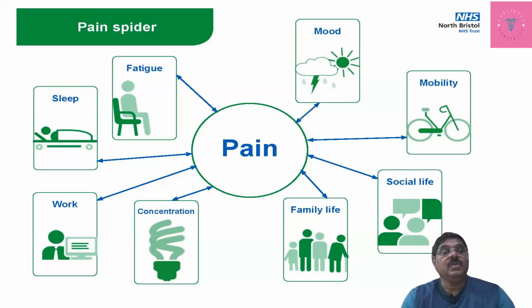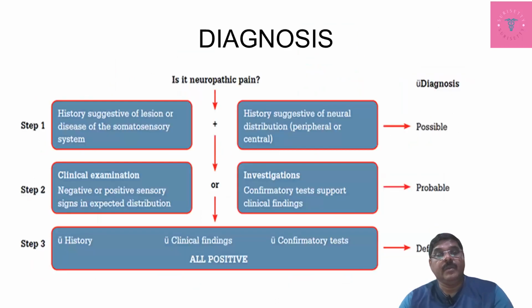Sometimes they will lose their jobs also, and finally their sleep pattern is also altered: daytime sleepiness, more sleep time, and taking some drugs to decrease the pain will increase the drowsiness. And finally, it causes different psychomotor changes in the patient affected by neuropathic pain.